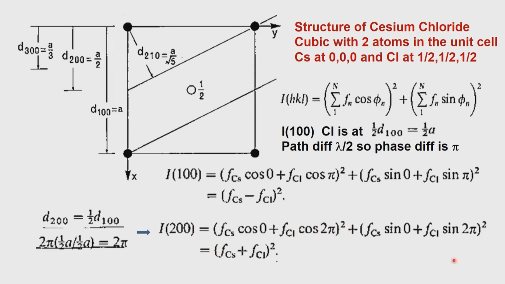When you put these values in, you will see that this turns out to be f of Cs plus f of Cl, squared. The only interesting point here is that we have to see the corresponding sin theta by lambda value for d100 and the corresponding sin theta by lambda for d200, and read out the corresponding f of Cs and f of Cl values.